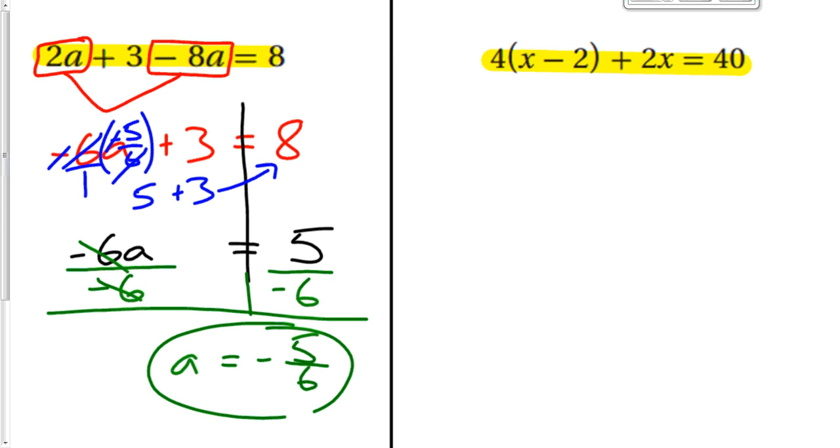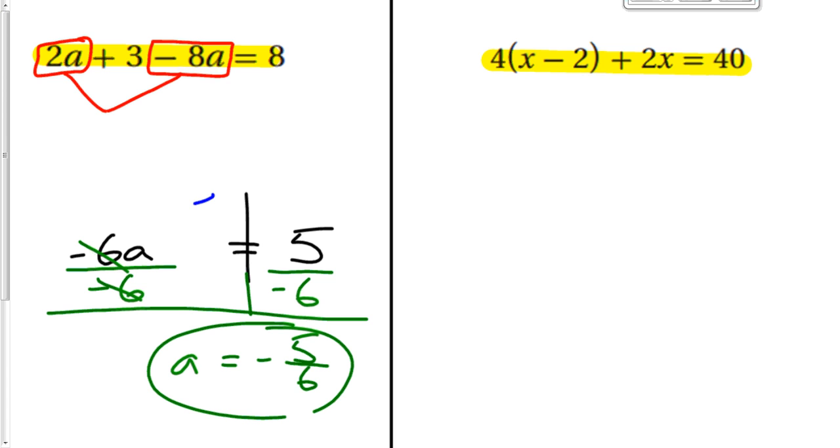All right. Lastly, we want to distribute first. So remember, you can do it one of two ways. You can do 4 times x and get 4x. And you can do 4 times negative 2. So you can either say plus negative 8 or minus 8.